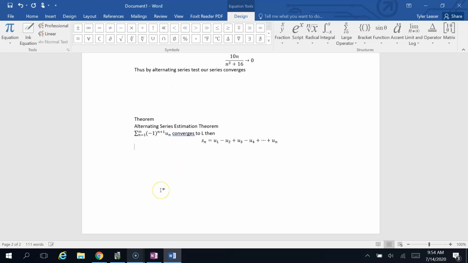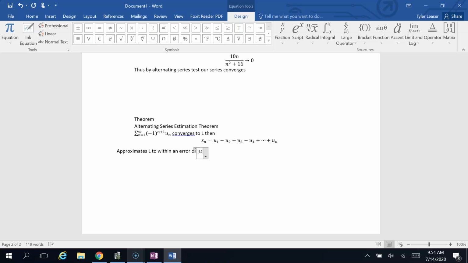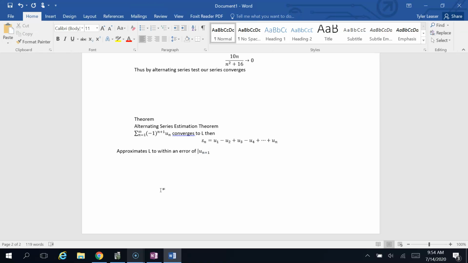Okay, this partial sum approximates L to within an error of the absolute value of u sub n plus 1. Okay, cool. So this is the theorem.